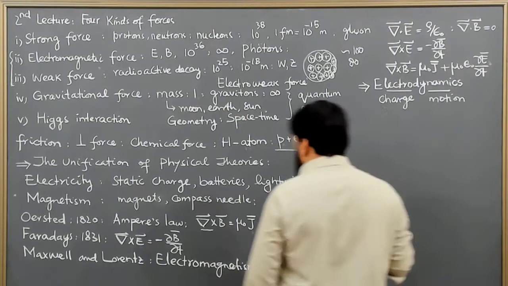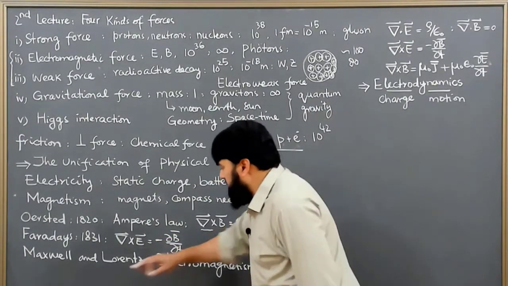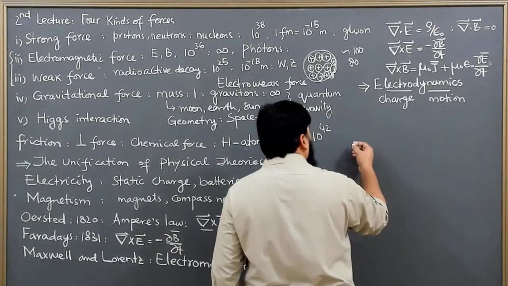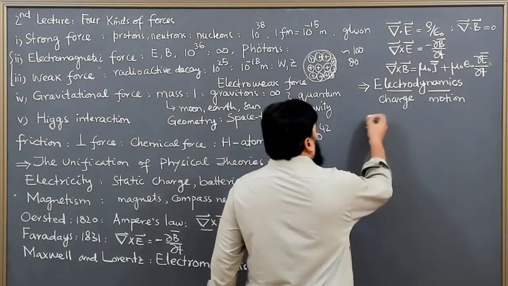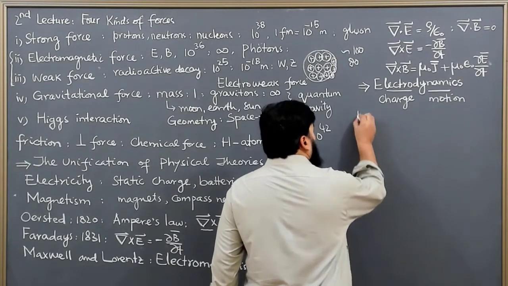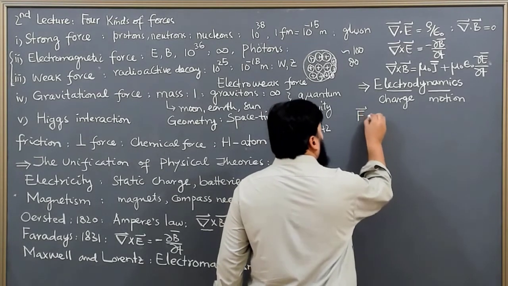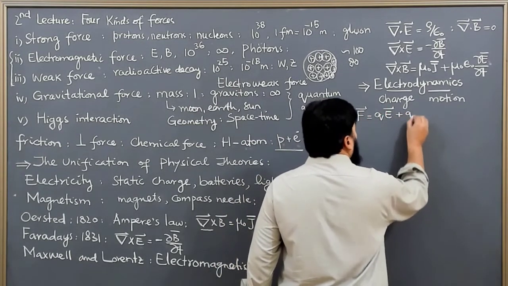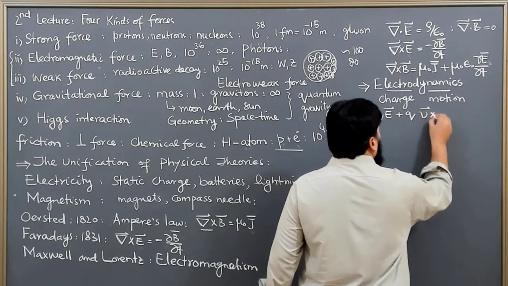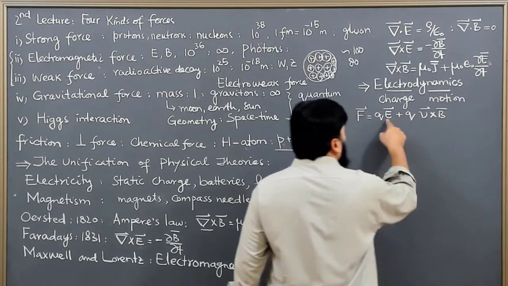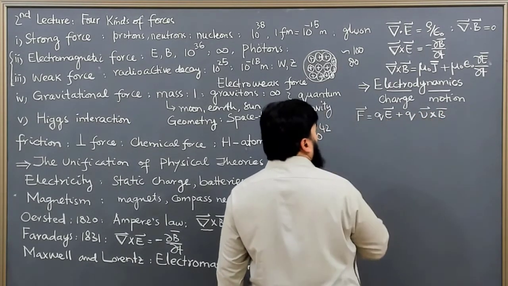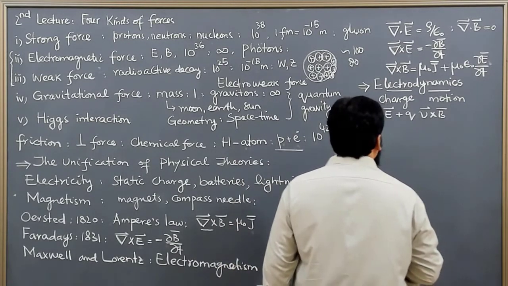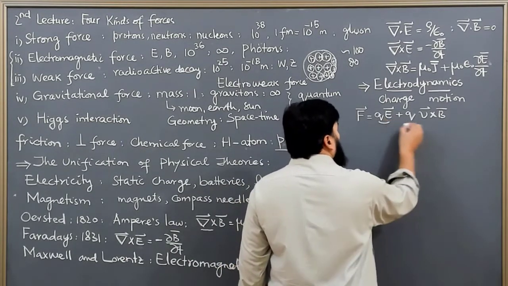And we can see from the Lorentz formulation, the Lorentz equation is that the force is equal to QE plus QV cross B, the electric and magnetic component of the force, which we call the Lorentz force. This is a force and this is a force.